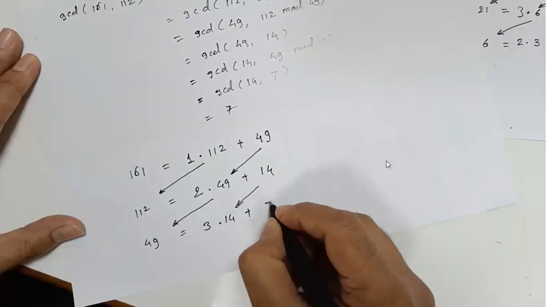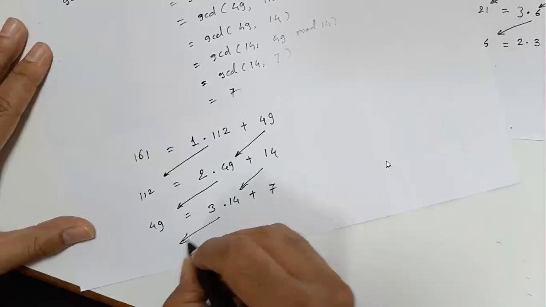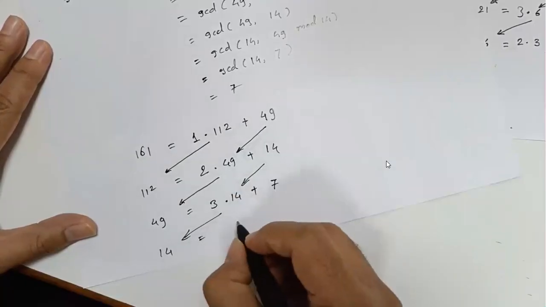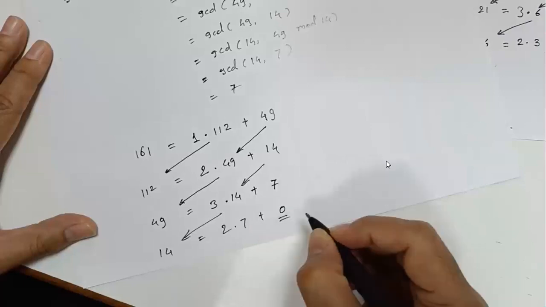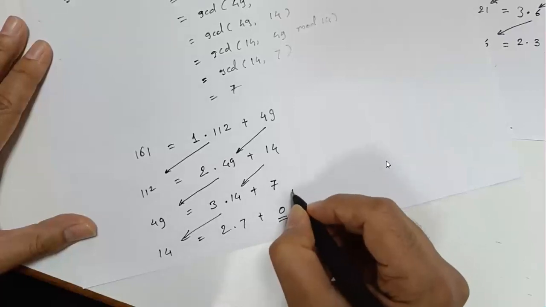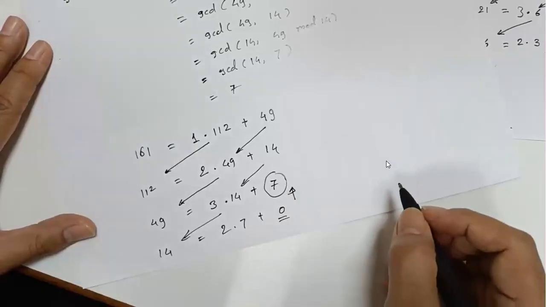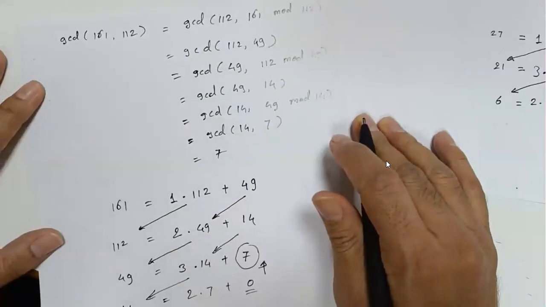And next time 14 will be taken on the left, equal to 7 into 2 plus 0. As soon as you get the 0, the previous remainder is the answer. You got these two methods.